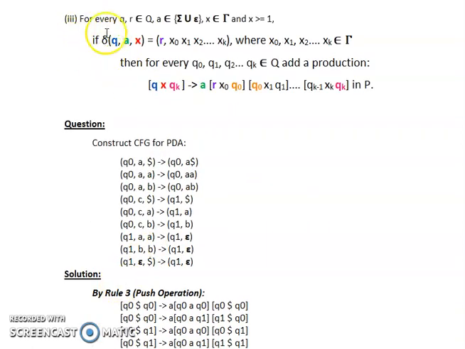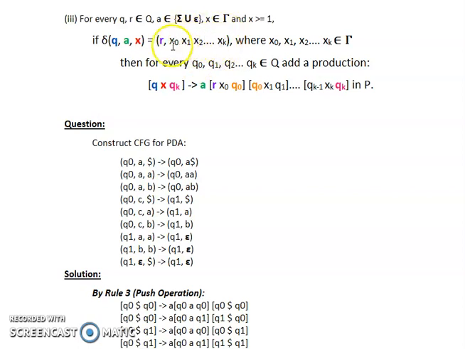Now we will check the transitions. Suppose there is a transition of the form where Q is the state, we are providing an input symbol A, and on the top of the stack there is a symbol X. So we will move from state Q to state R, and on the top of the stack there will be symbols X0, X1, X2, and so on till Xk.